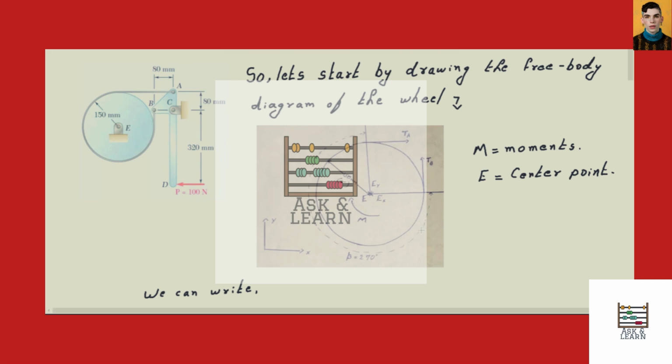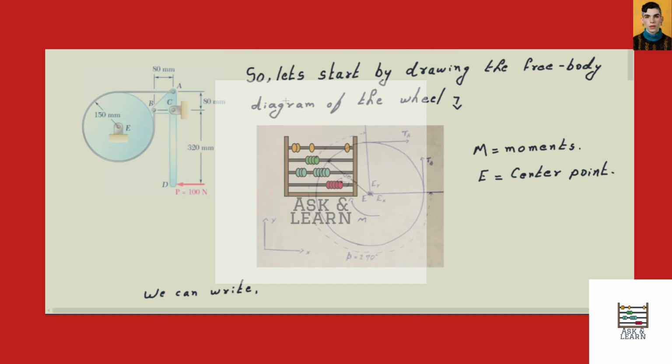We calculated the value of beta. It's 3 pi by 2, that is 270 degrees. Consider that counterclockwise rotation creates a tension, and we name that tension TB. Also consider that clockwise rotation creates a tension, and we name that tension TA.